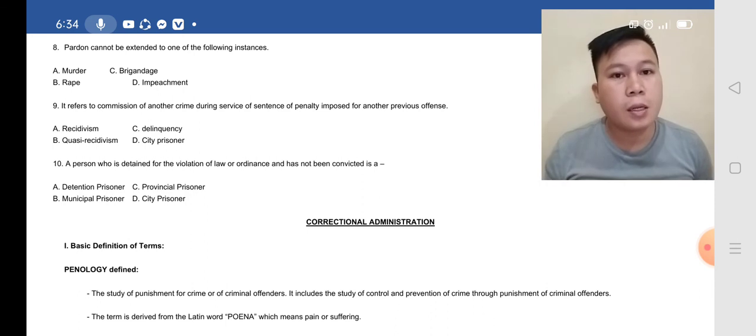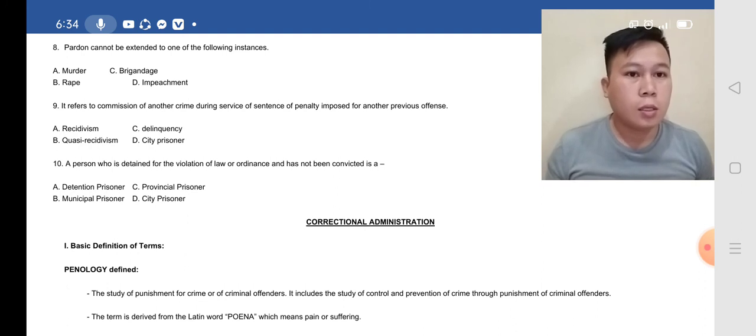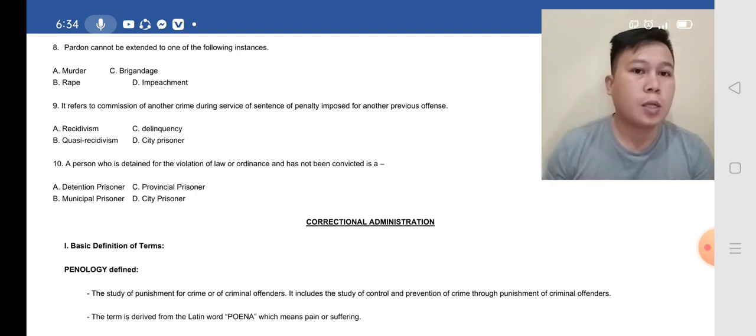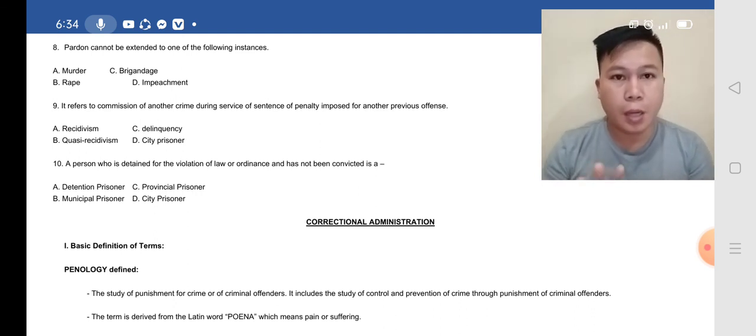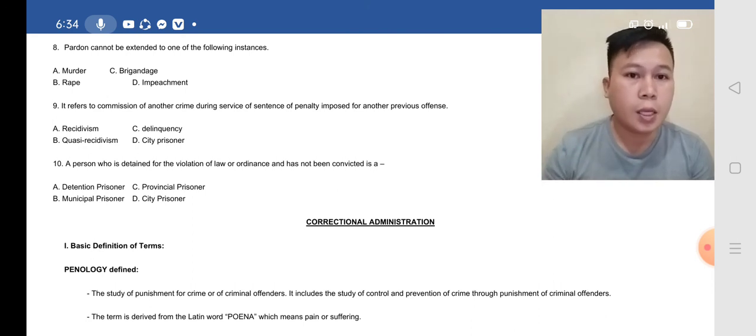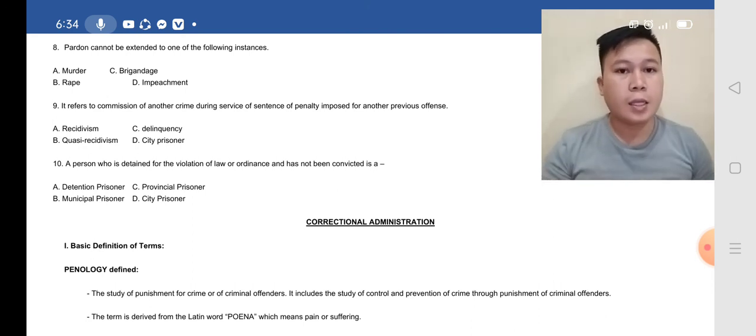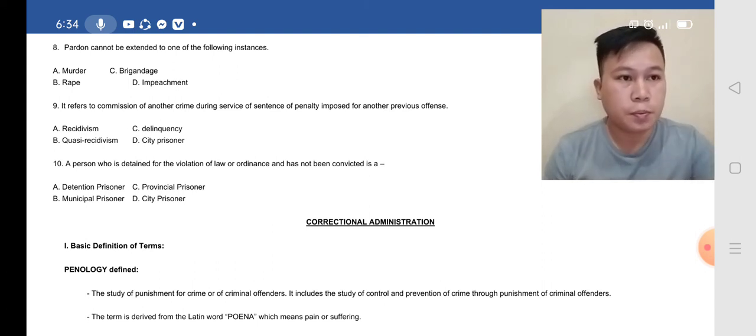So bago muna natin pasukin ang non-institutional correction is dapat natin malaman kung ano yung correctional administration na nandoon pati ang institutional correction. So, alam ko marami sa inyo alam na ito, naiintindihan na ito. So, ang sa akin lang is gusto ko lang magbigay ng kaunting kaalaman for us to fully understand the correctional administration system in the Philippines.